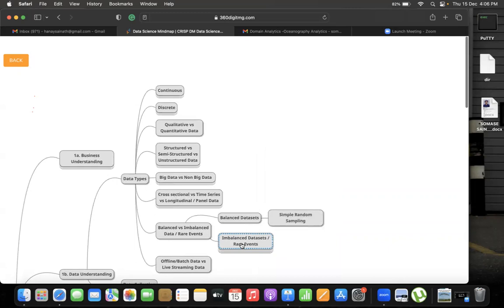Then we have balanced and imbalanced data. So data should be balanced. If it is imbalanced, it will be difficult to understand the data.